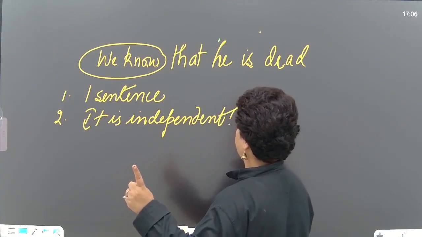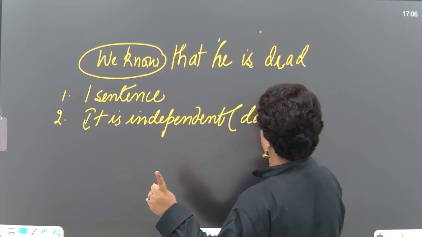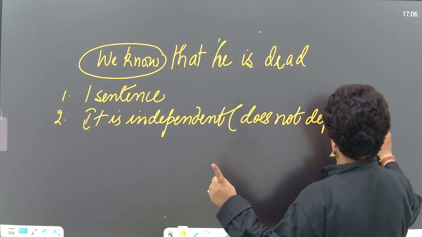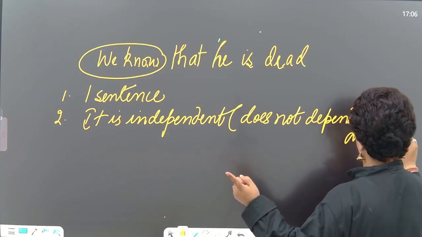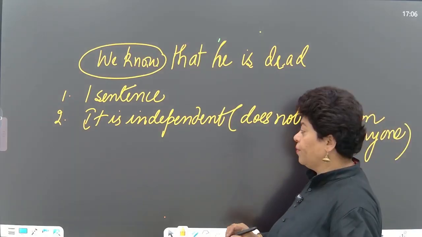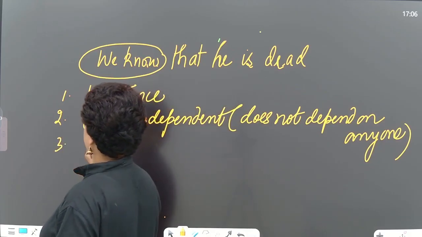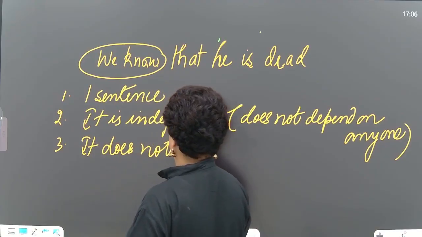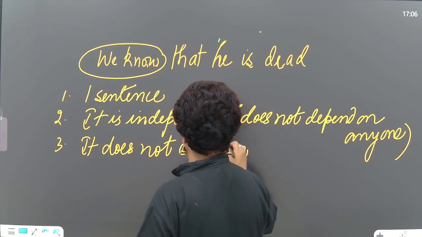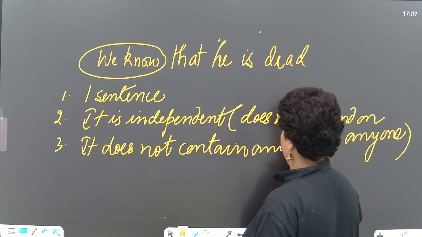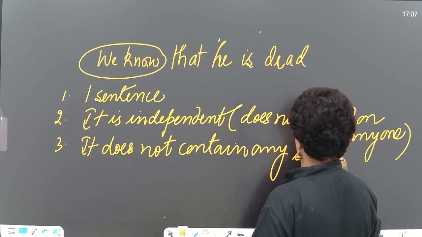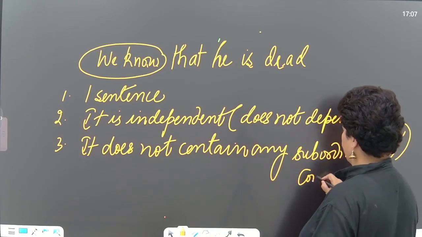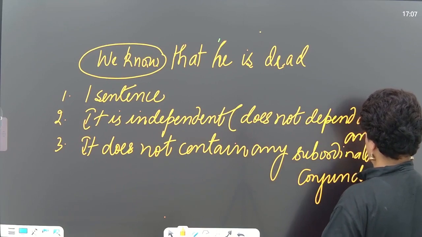It is independent means it does not depend on others, or does not depend on anyone. Third, it does not contain any subordinating conjunction.